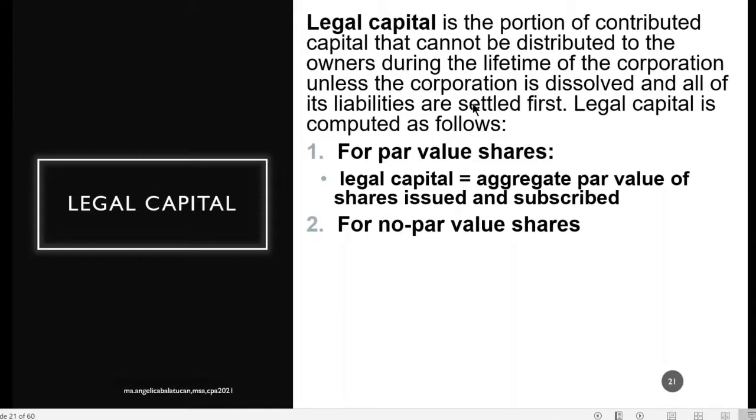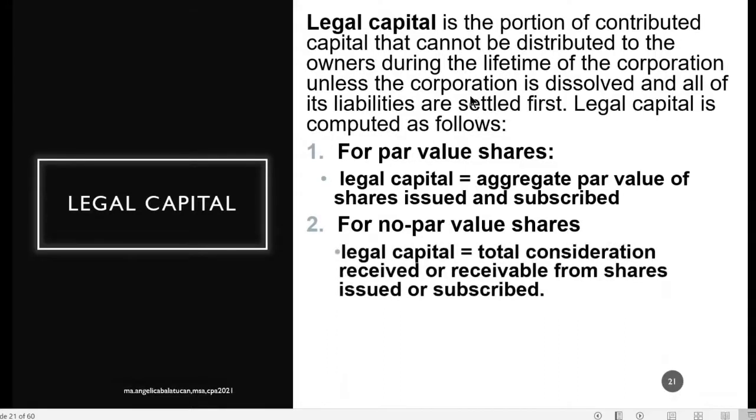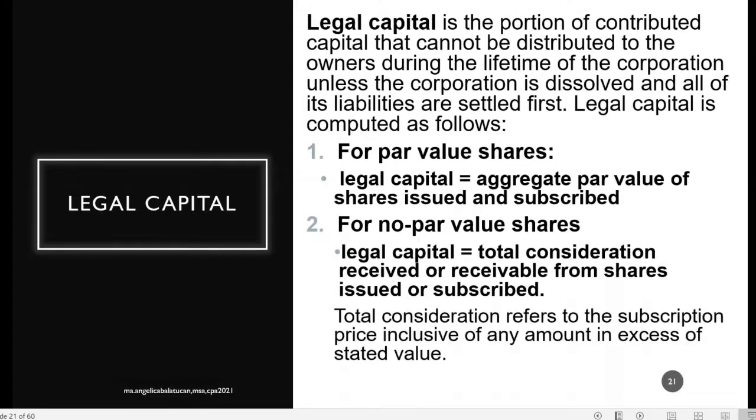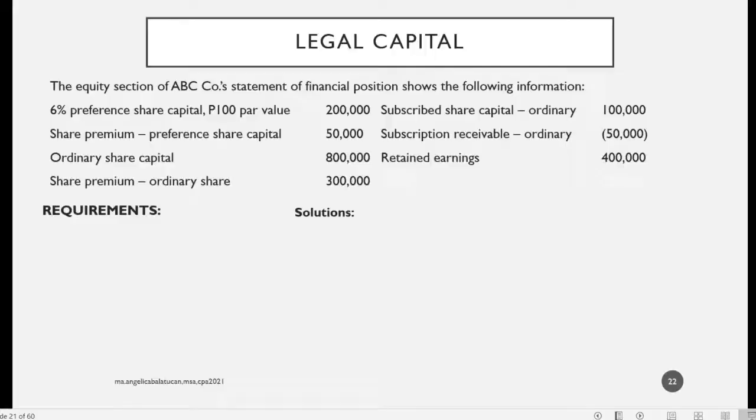If it is a no par value share, the legal capital is equivalent to the total consideration received or receivable from shares issued or subscribed. The total consideration here is the subscription price inclusive of any amount in excess of the stated value.